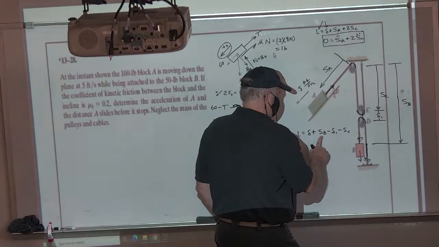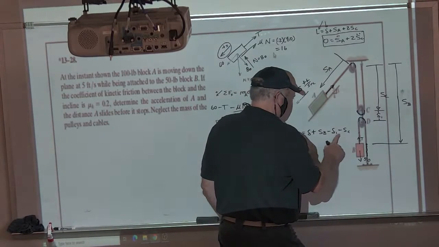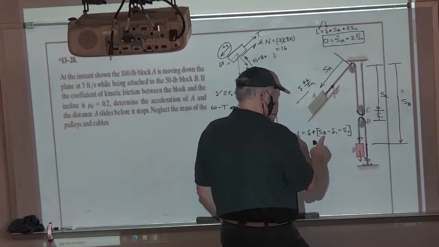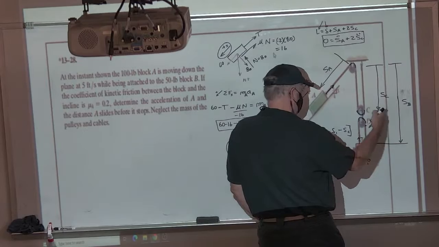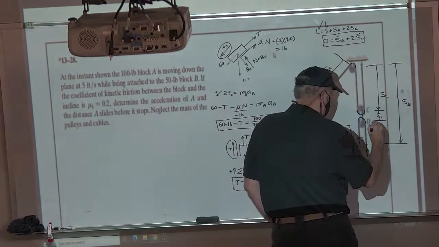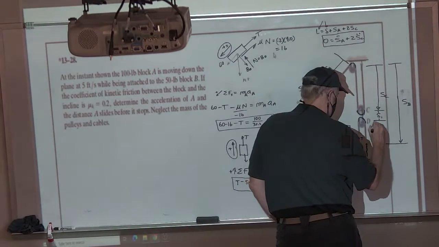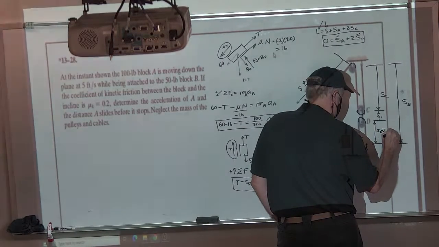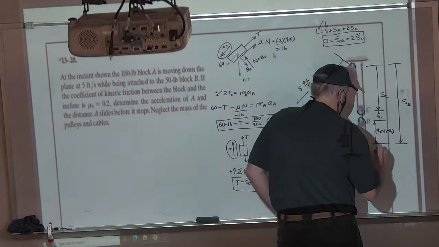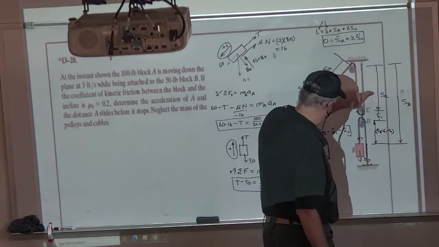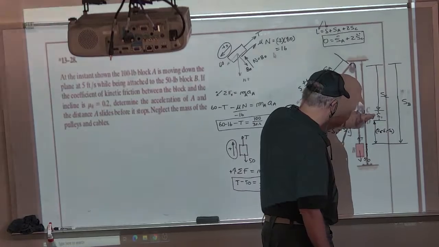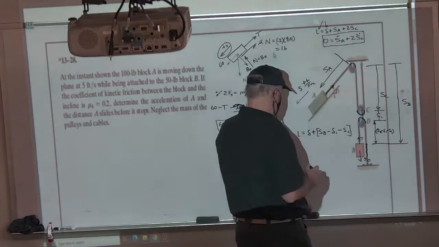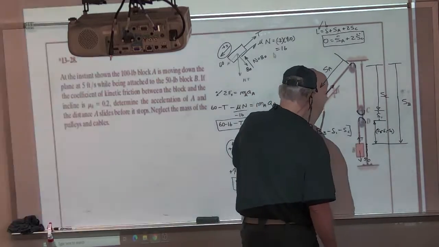But the problem is, now that I have this, SB minus that, that's this part. So let me do it this way: SB minus delta 1 minus SC. So if you add this to that, you'll get SB.